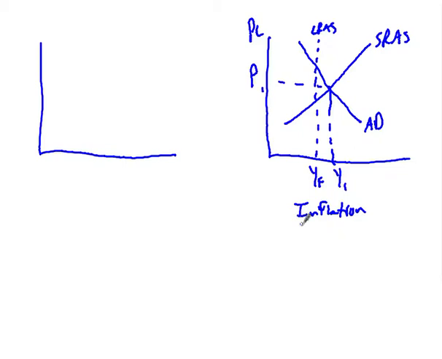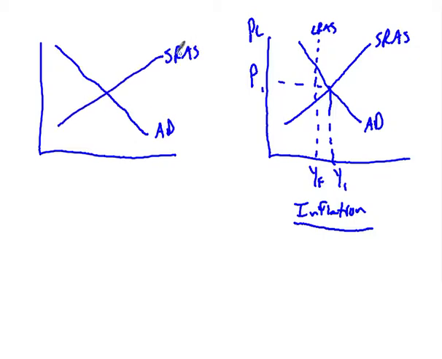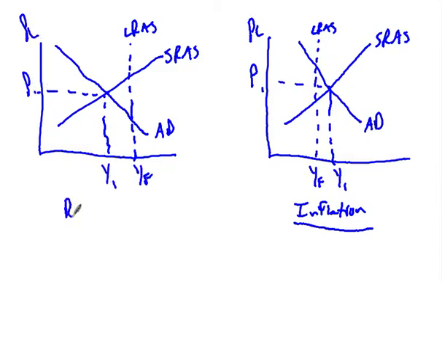So here's one scenario. And then the other scenario is here's aggregate demand and short run aggregate supply. Here's our full employment, our potential output along the long run aggregate supply curve. And if we're to the left of it, this would be a recession.